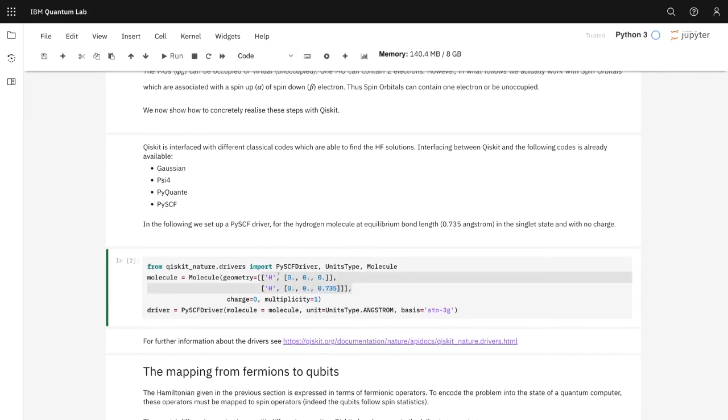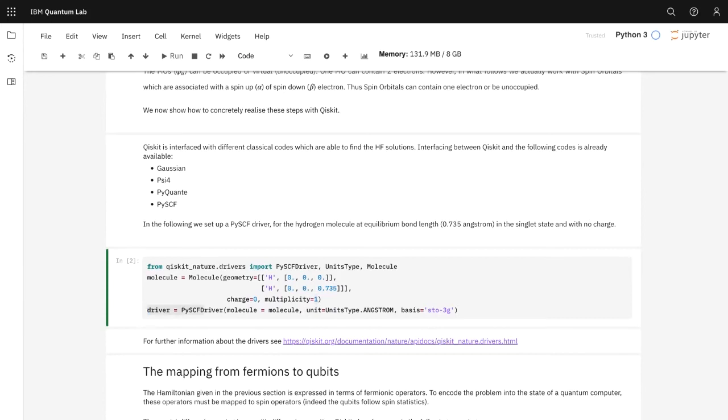You have the first atom at 0.000 and the second one at a distance of 0.7 angstroms, which is the equilibrium distance for the hydrogen molecule. You set the charge of the molecule, which is 0, and the spin multiplicity, which is 2S plus 1, where S is the total spin. But these two electrons are paired here, so the multiplicity is 1, so a singlet state.